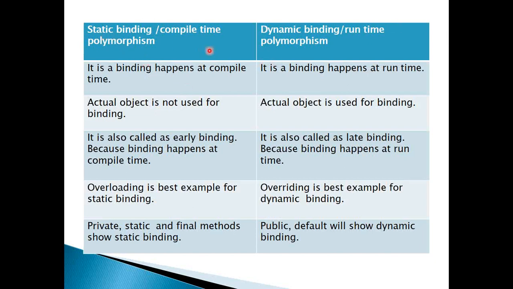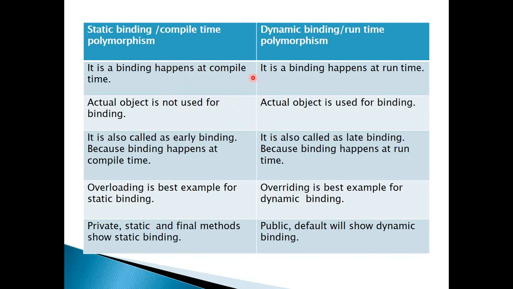Between compile time and runtime polymorphism, we have seen the example of method overloading. There, if you use static and so on, there is no usage of the object itself.